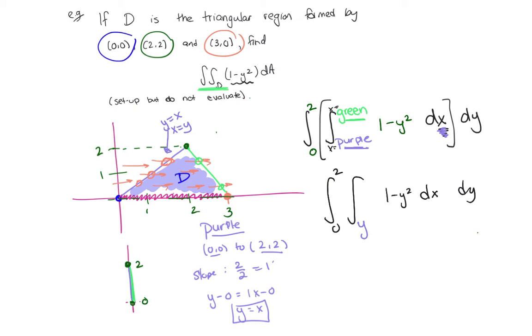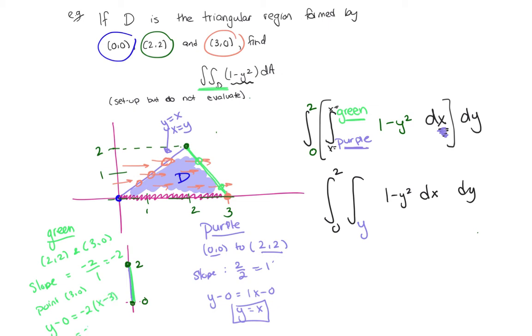Now for the green one, we'll do that off to the side here. The green line goes through (2, 2) and (3, 0). My slope is change in y, -2, over change in x, 1, so the slope is -2. Then for a point it goes through, let's use (3, 0). So y minus the y value equals -2, the slope, times x minus the x value.